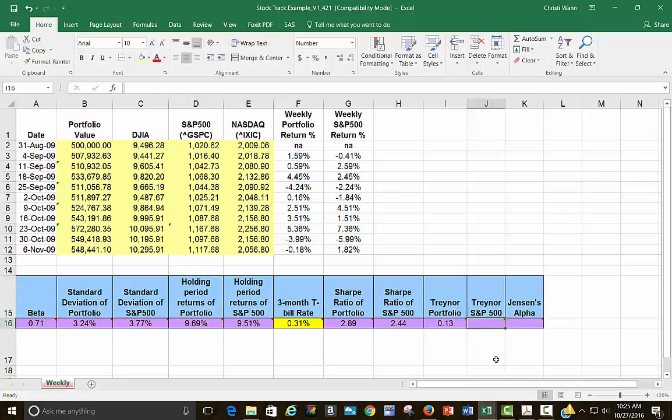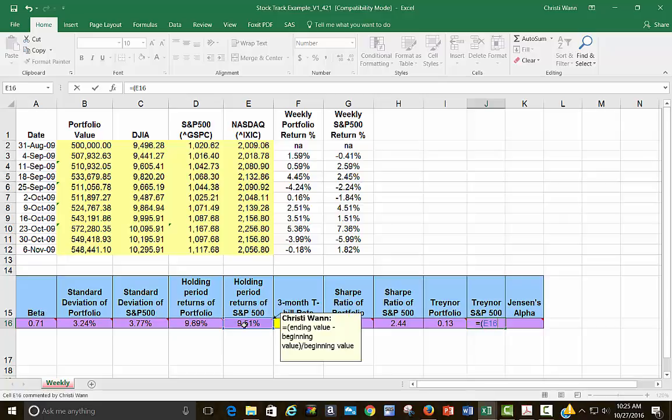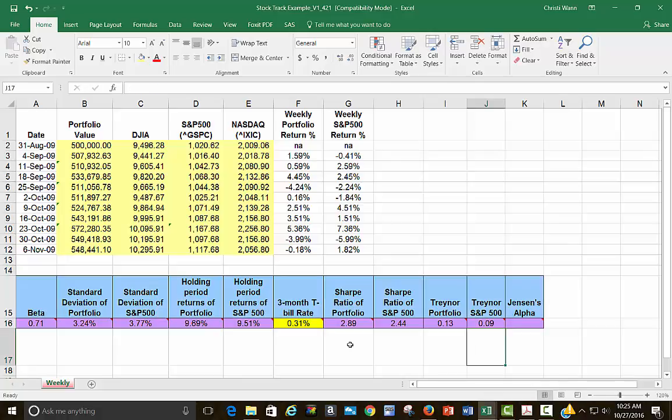So this one, I need to delete that because that's not correct, is just going to be basically the return of the S&P 500 minus the risk-free rate, and then divided by 1, because the beta of the S&P 500, which is the market, should be 1. So in the Treynor, the higher the number, the better. And so I got 0.13, which is higher than 0.09.